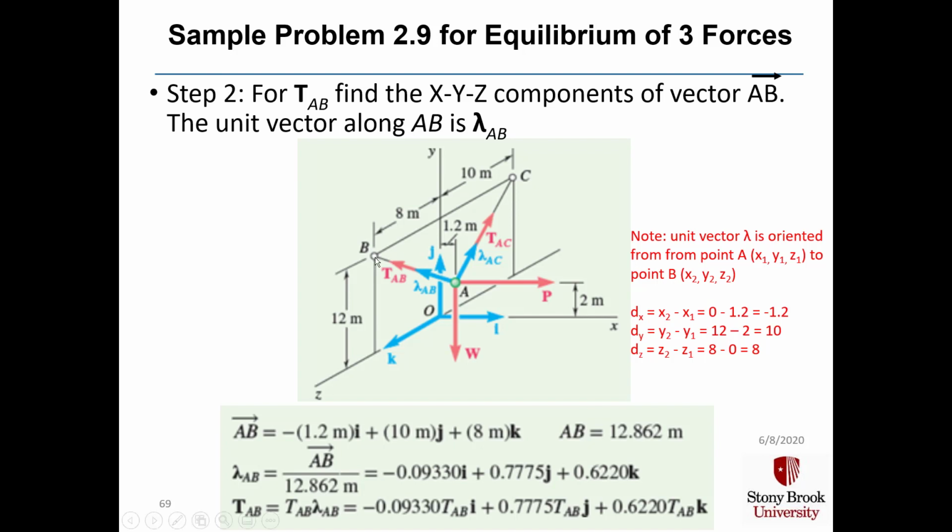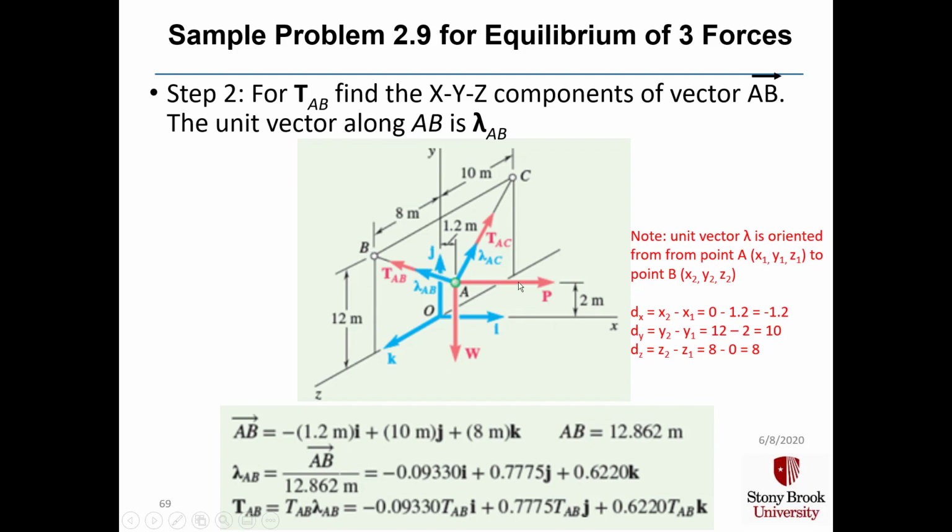Point B has a value of x equals 0, and point A has a value of x equal to plus 1.2. Therefore, dx equals minus 1.2. dy equal to y2 minus y1 is equal to the y-coordinate of point B, which is 12, minus the y-coordinate of point A, which is 2.